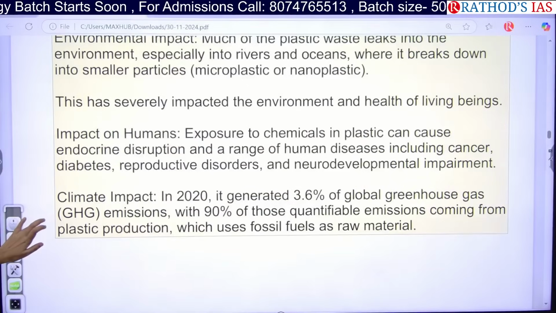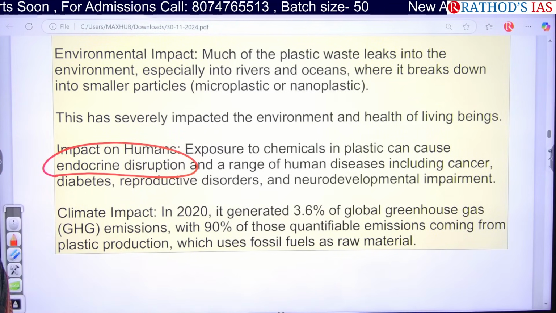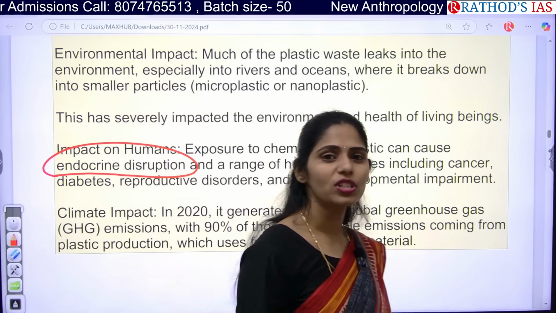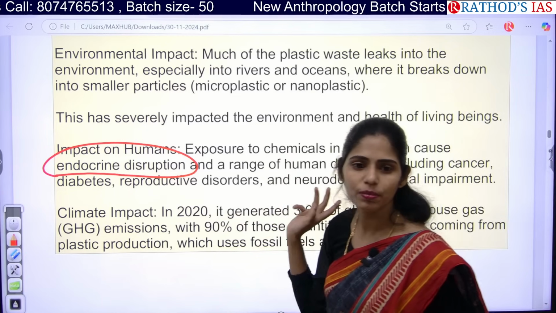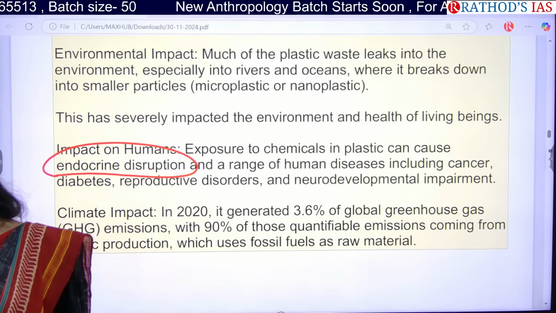Next, because of the use of plastics, there is endocrine disruption. Endocrine glands produce hormones in our body, so there will be alteration in hormone production. It is one of the important reasons why there is now a lower reproductive rate.